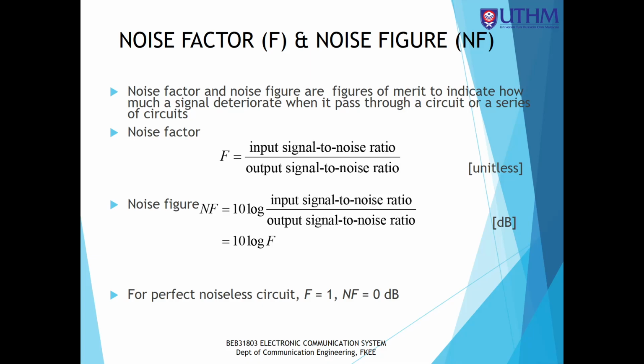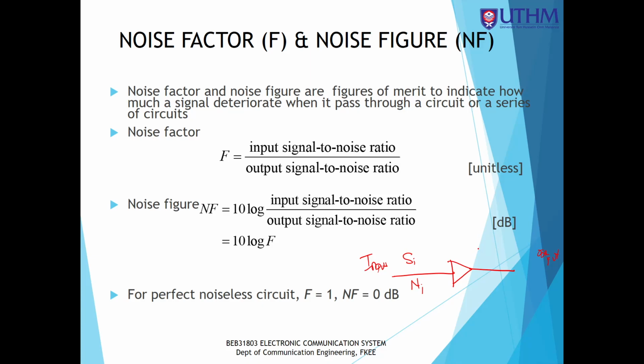Noise factor F is equal to the input signal SNR divided by the output signal SNR. If you draw an example of an amplifier, we have the input over here and the output over here. At the input side, we have S input and N input.